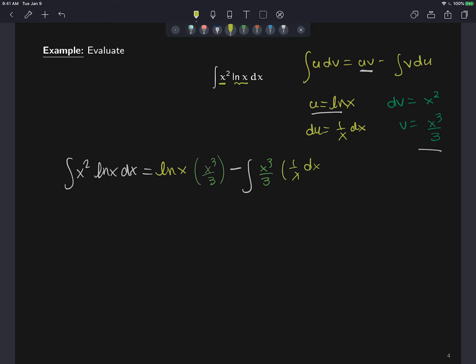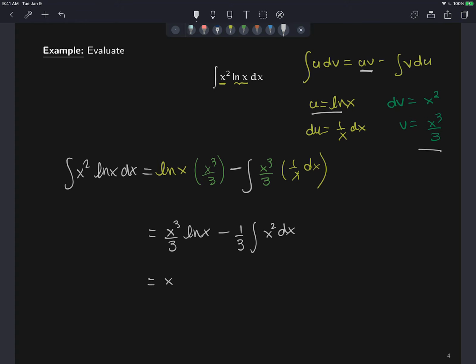Okay, so I'm doing this part, just following the formula. This simplifies a little bit. I'm going to forget the colors now and do it all white. So here I get x cubed over 3 natural log of x minus, I can take the third outside, and x cubed divided by x is x squared. So that's the integral I need to solve, which is a lot easier than the original one.